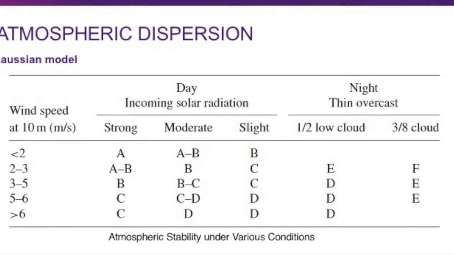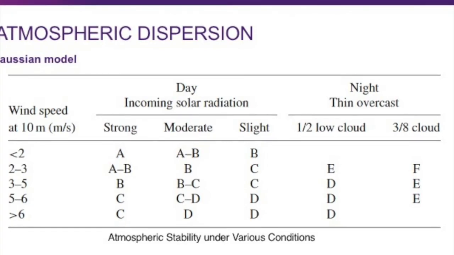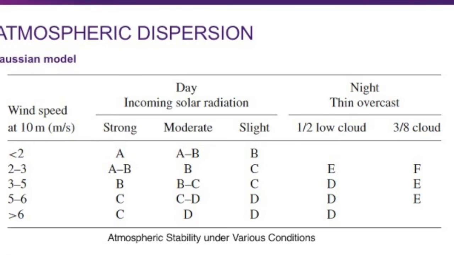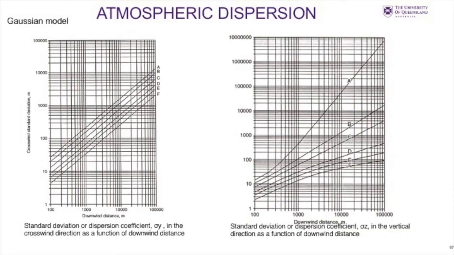Urban and suburban populated areas rarely achieve stability greater than class D because of the heat island effect. So stability classes E and F are found in rural and unpopulated areas. To estimate the standard deviation of the plume in the directions Y and Z, we use these figures. You need to have the values of the downwind distance and the class, A, B, C, D, E, or F, and that's it.